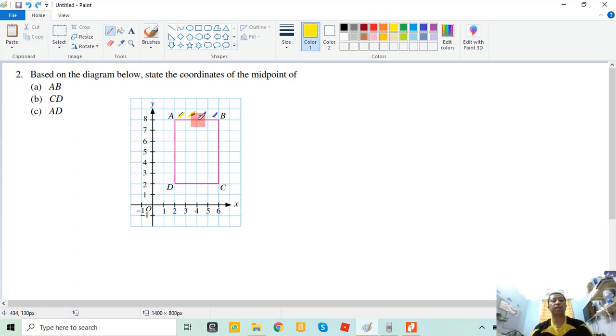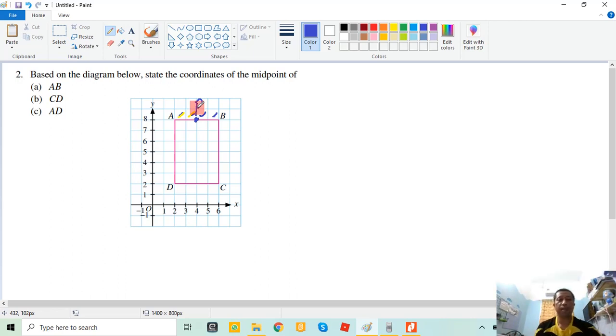And maybe I use different color. Okay, I use blue color. Okay, this is the midpoint for AB. Maybe I use P. I use different letter. So this is P. So point P is the midpoint for AB.